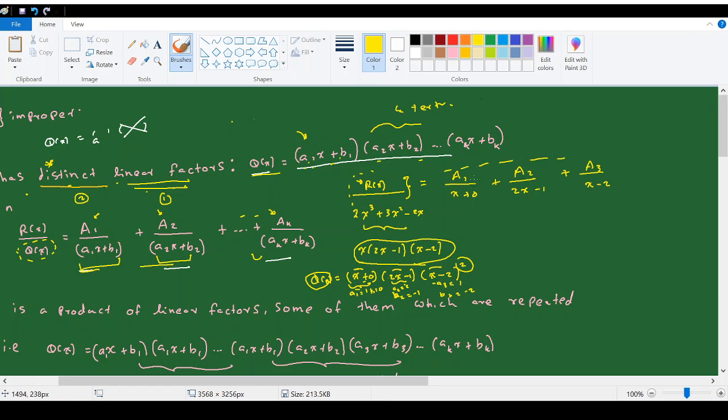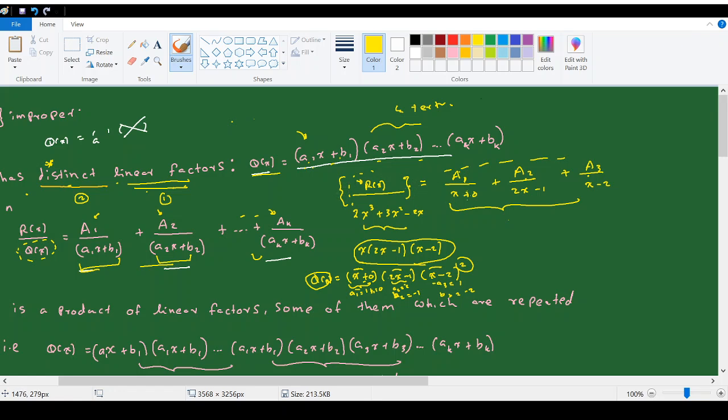So there is a method to find this a1, a2 and a3. I will explain it later. And say if from that method we have figured out the values of a1, a2 and a3, then we say this is the partial fraction of our improper fraction, okay?